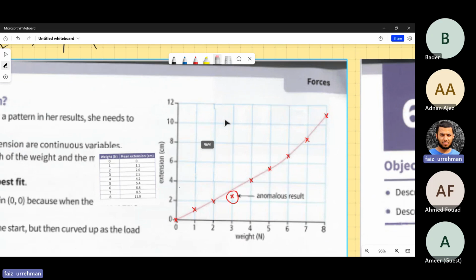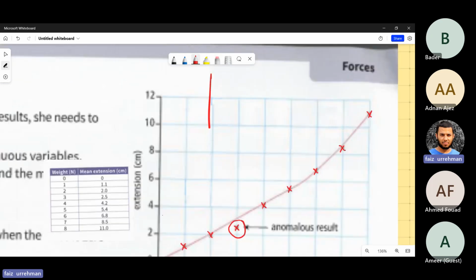So when you have a graph and you plot some points, but sometimes they are not coming in a straight line, what do you do? You cannot pass a line through all the points, so you have to make a line that is passing approximately through the center, something like this. Most points are on the line, and maybe one point is here and another point is there.